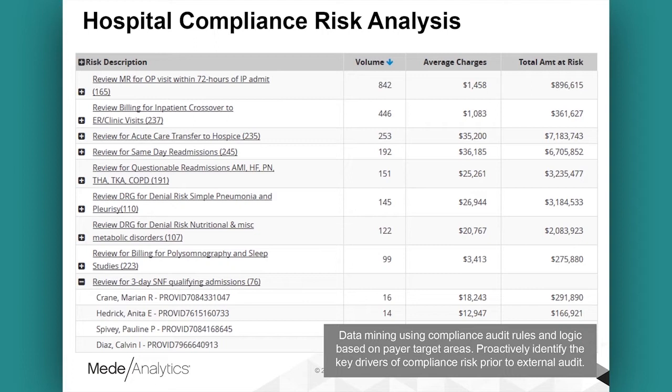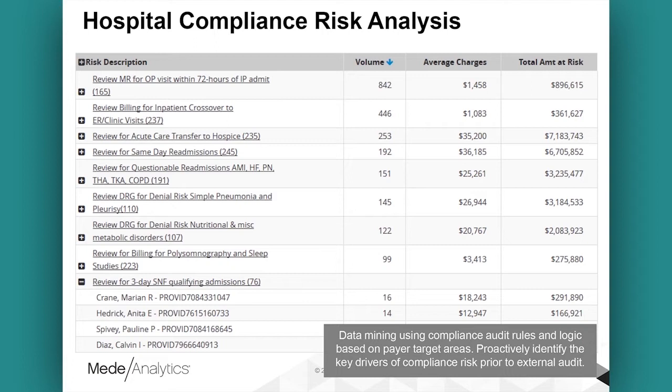The one here at the bottom is review for 3-day skilled nursing facility qualifying admissions. This one says review billing for inpatient crossover to ER clinic visits. Review medical record for outpatient visit within 72 hours of inpatient admit.